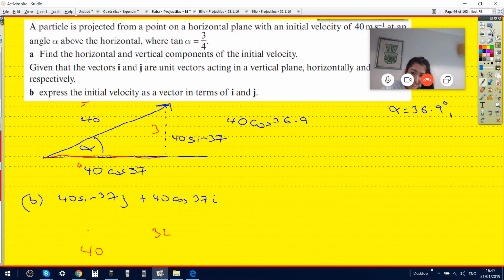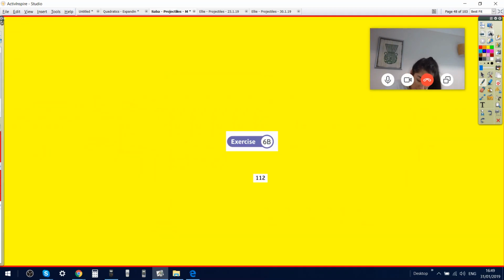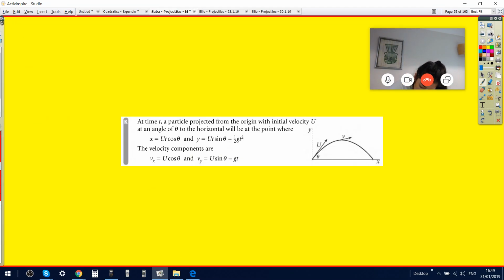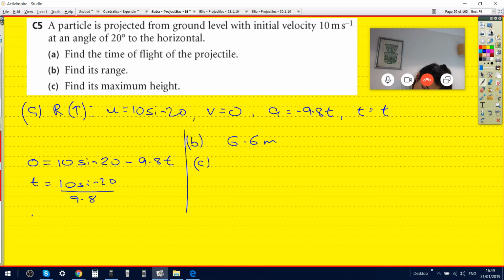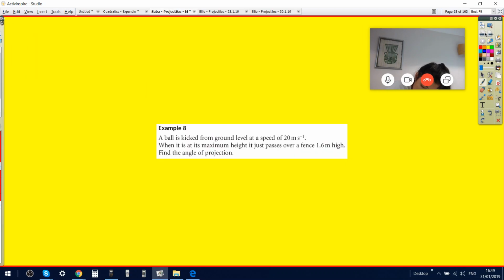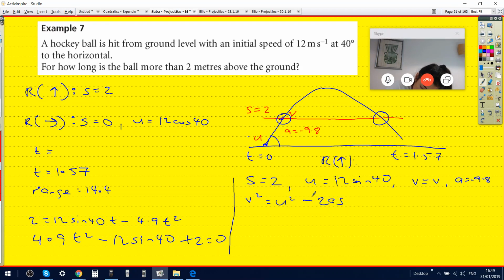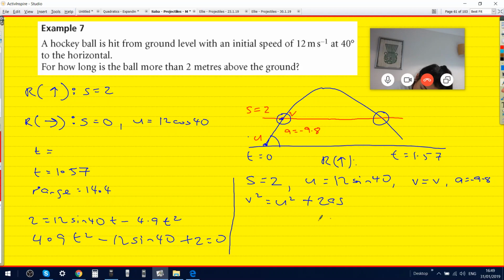Testing it. 12 sine 40 squared plus 2 times minus 9.8 times 2 again. So 12 sine 40 squared is 59.497.